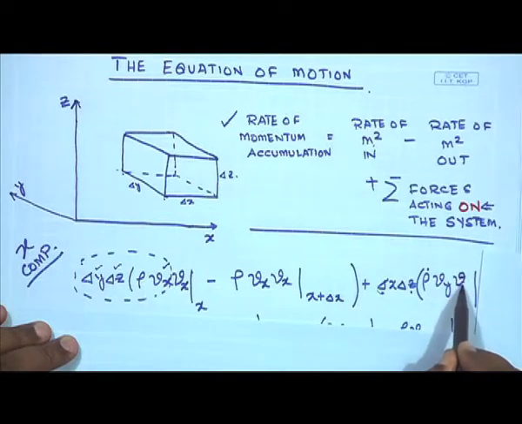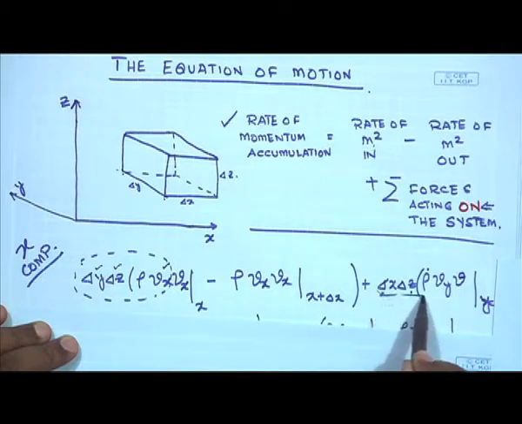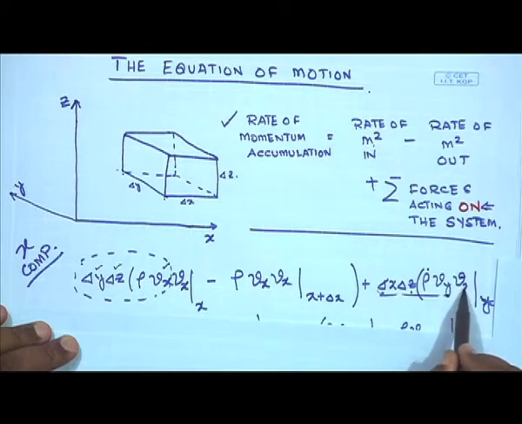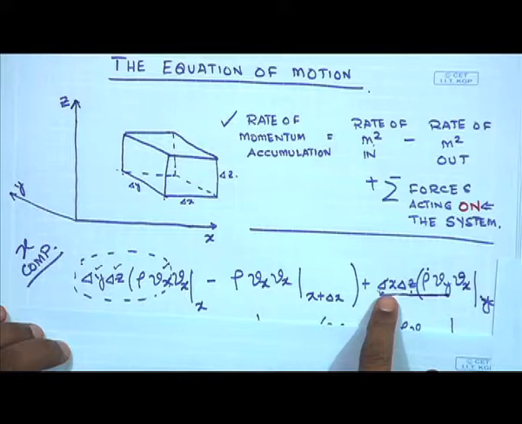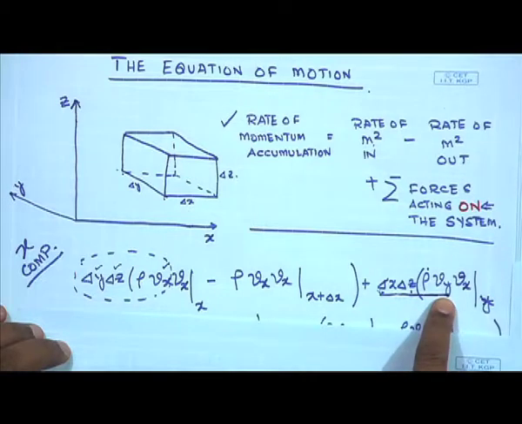So in order to obtain the x component contribution of this mass, this must be multiplied with Vx. I will go through it once again. The underlined terms simply tell you the mass which is entering the control volume through the y phase having area del x del z.